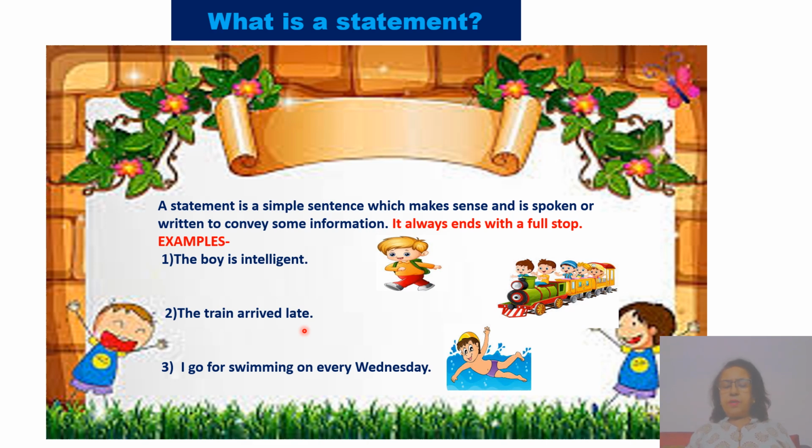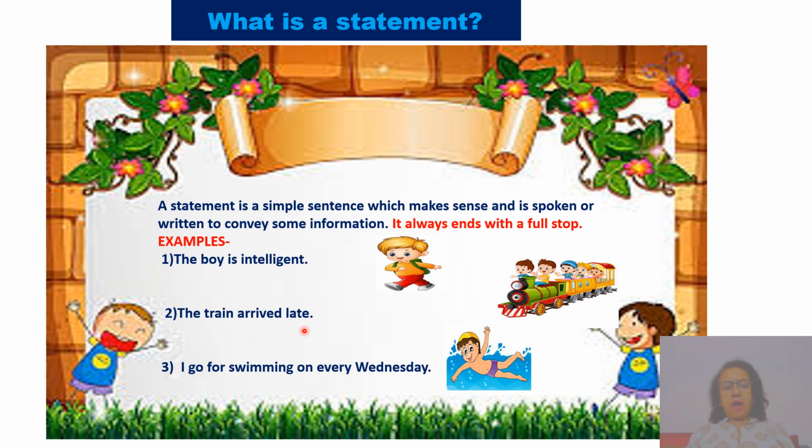So the message is very clear that your train arrived late. But if you just say the train, then nobody will understand what you are trying to say. So to convey a very clear idea, you need to put the group of words in a correct place, start with a capital letter, end it with a full stop, only then it will make sense.